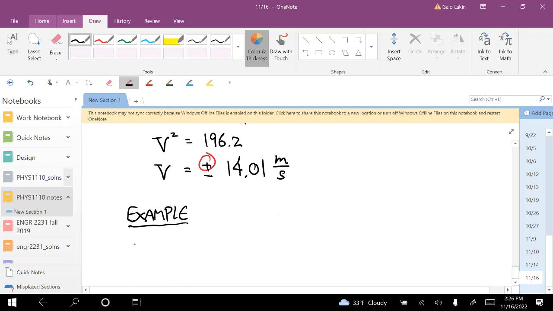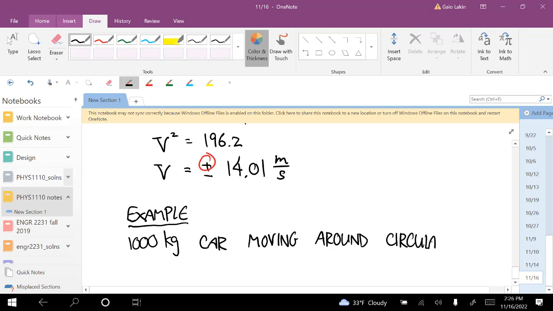Okay, so now let's say that there's a 1,000 kilogram car moving around a circular track. And let's say that the radius of the track is 50 meters.